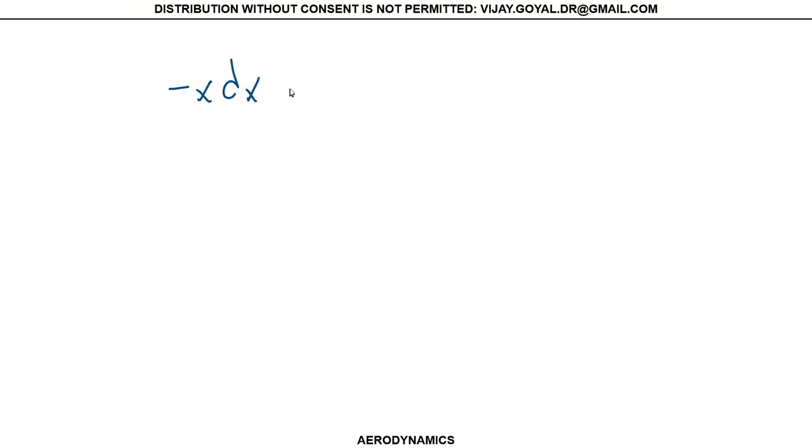Or another way to do this problem is I can bring everything to one side, and then this will become 2y dy plus x dx is equal to 0.